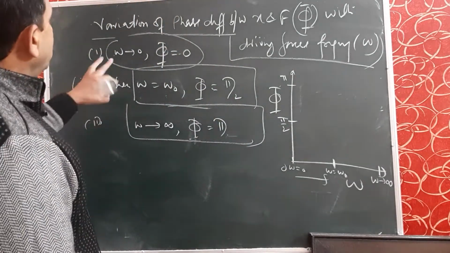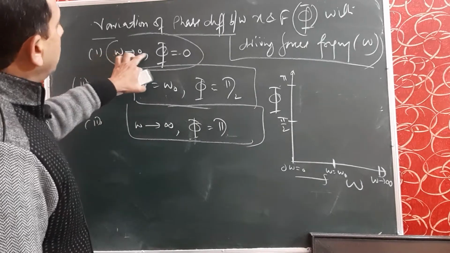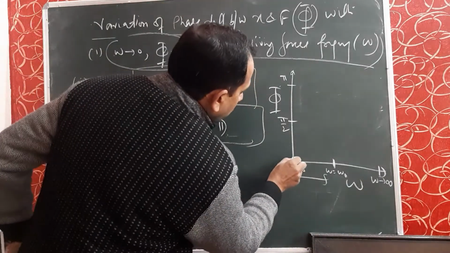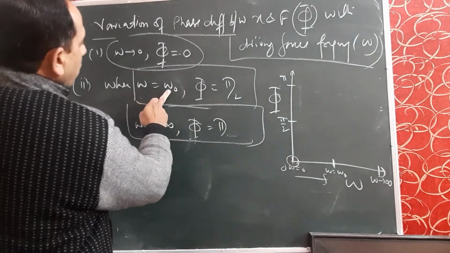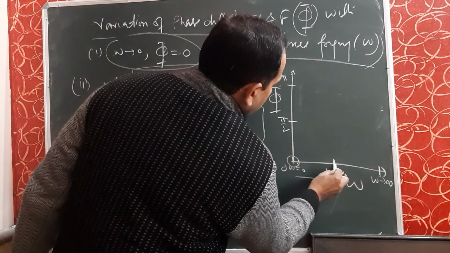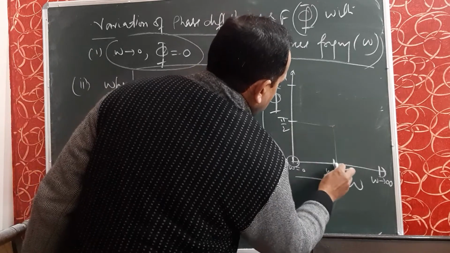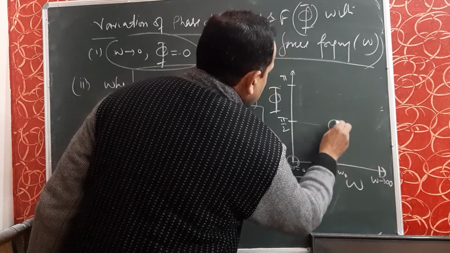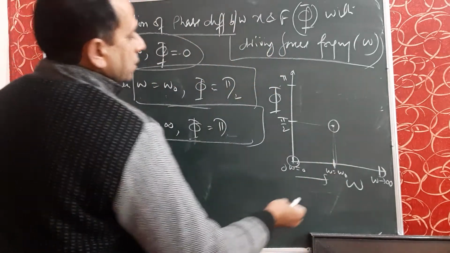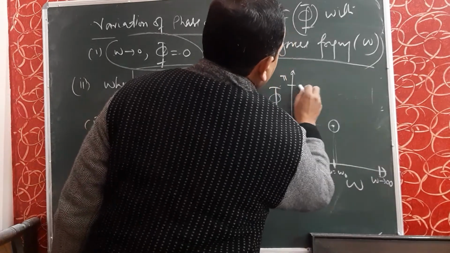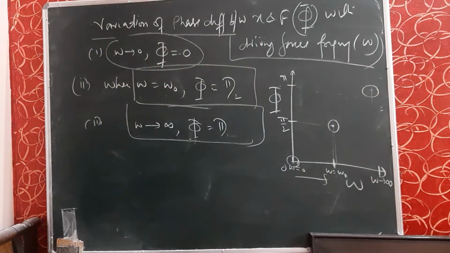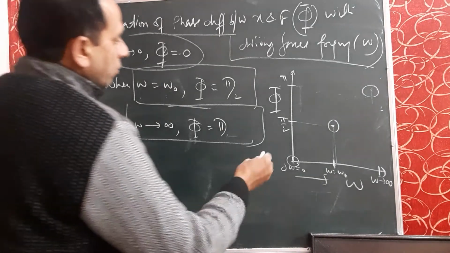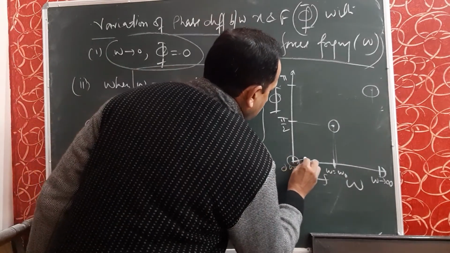Now mark these points. When omega tends to 0, phi is 0. This is the first point. And the second point, omega is omega naught, phi is 90. And the third point, omega tends to infinity and phi is pi. Now the nature of the graph is just like this.